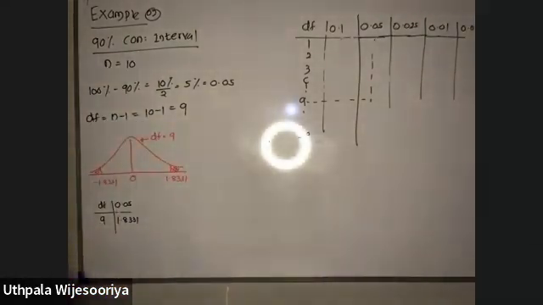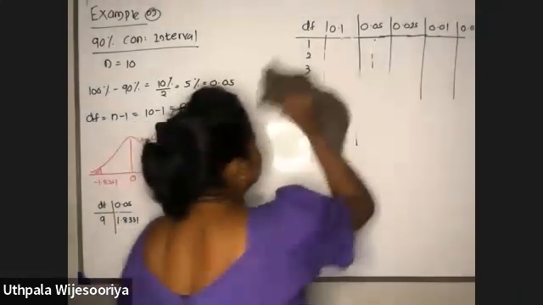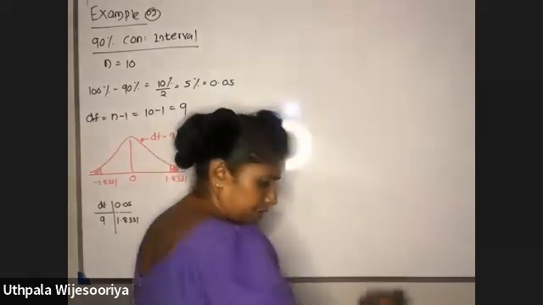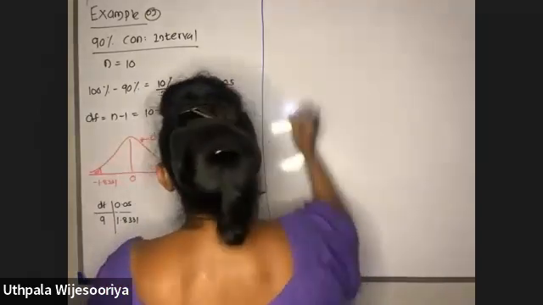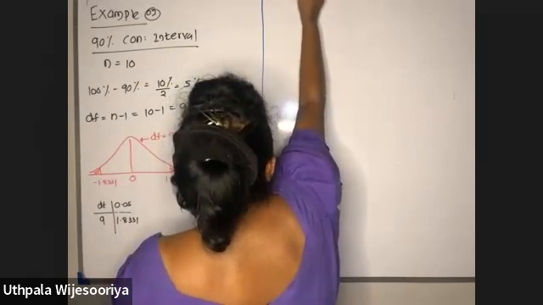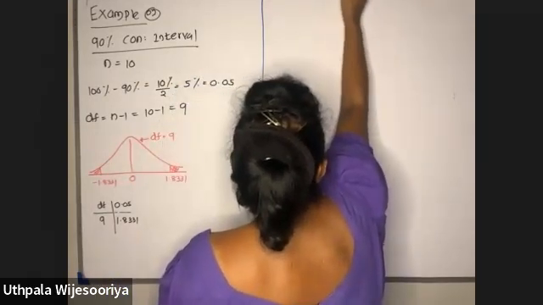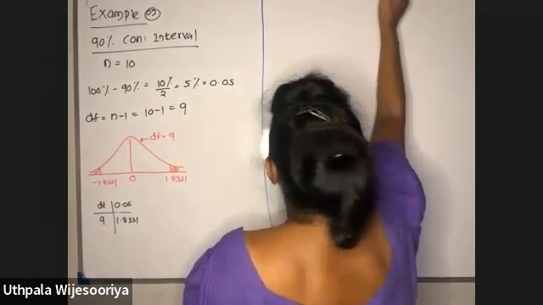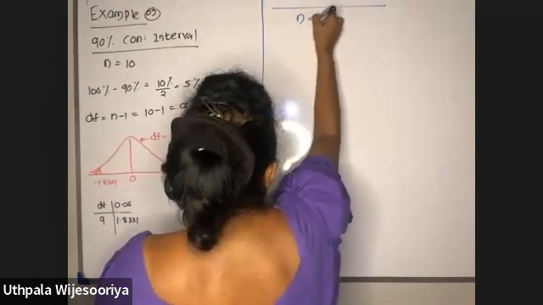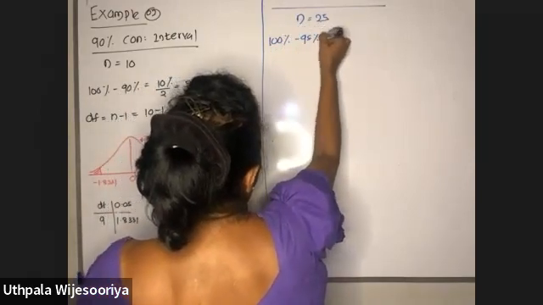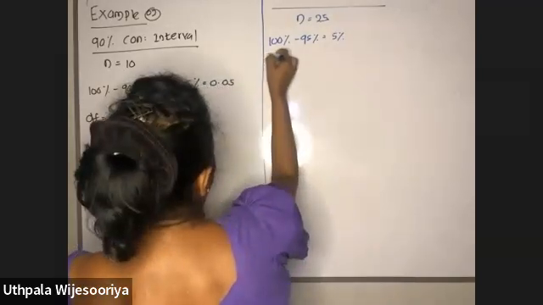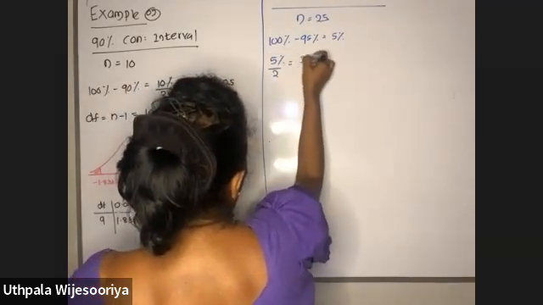Right, next one. A 95% confidence interval, and the sample size is 25. So 100% minus 95% is 5%, and 5% divided by 2 is 2.5%.